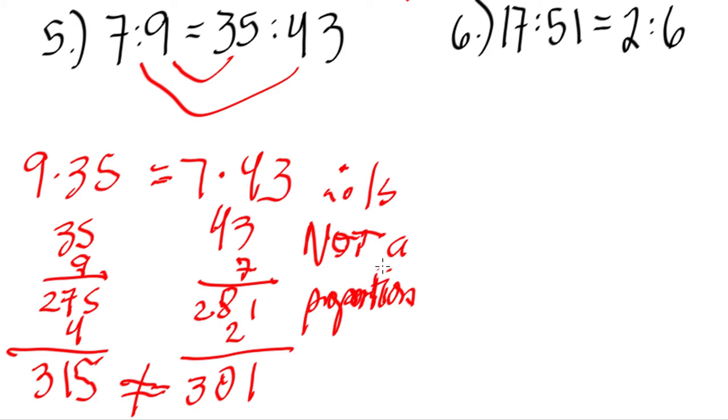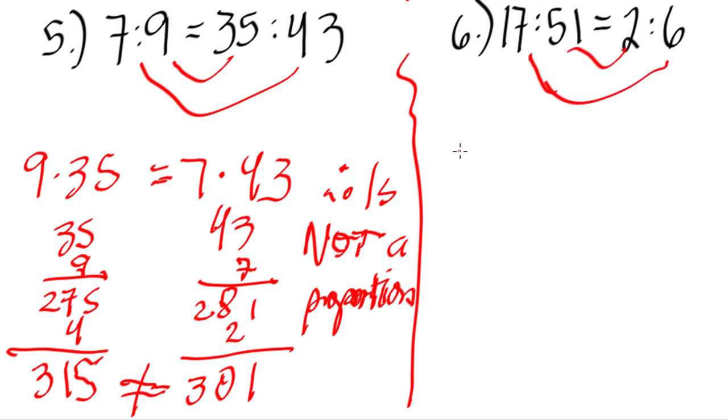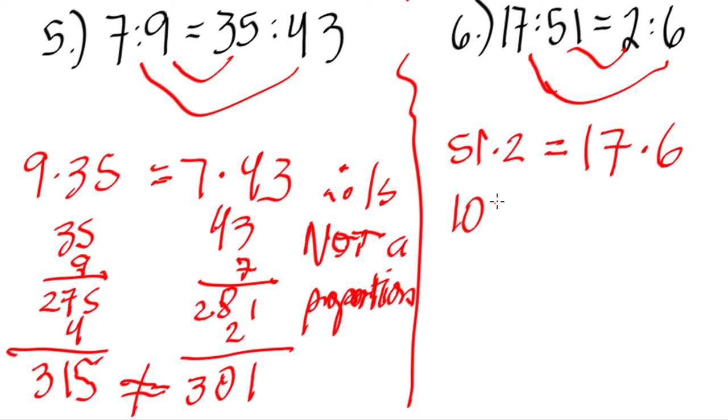Sorry for my penmanship. And for number 6, the product of the means equals the product of the extremes, same process. So let's do the means first: 51 times 2 equals 17 times 6. 51 times 2, just double that, so 102. 17 times 6, I think we need to compute that. 1 times 6 is 6. 7 times 6, 7 times 5 is 35, so add 7 to that, that's going to give us 42.